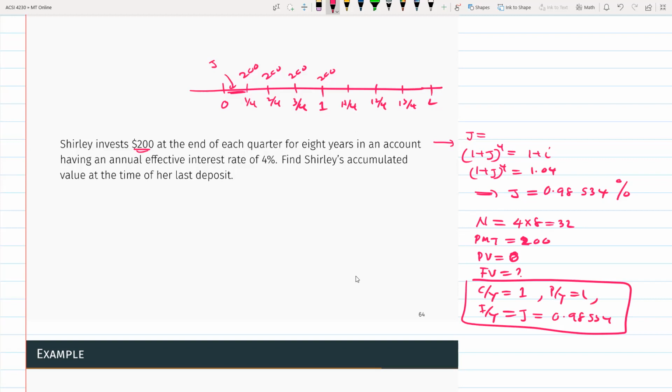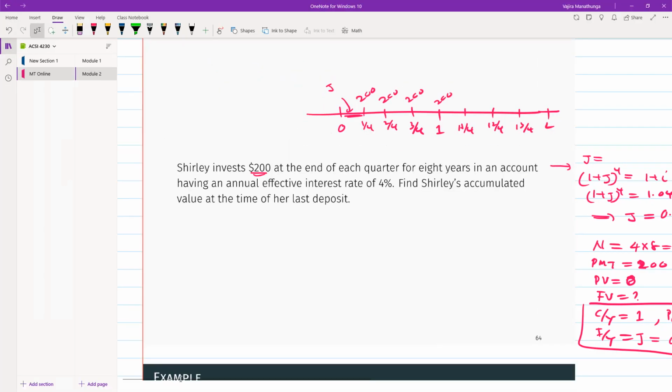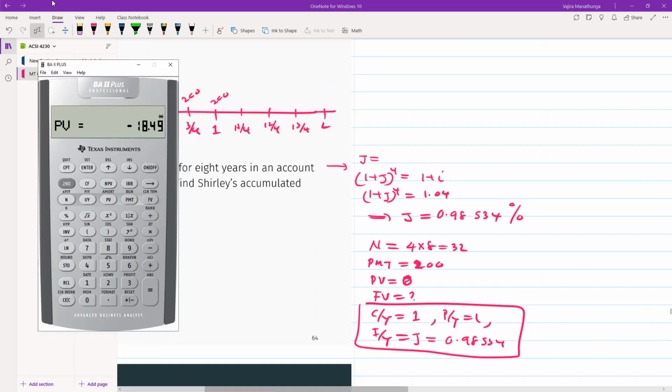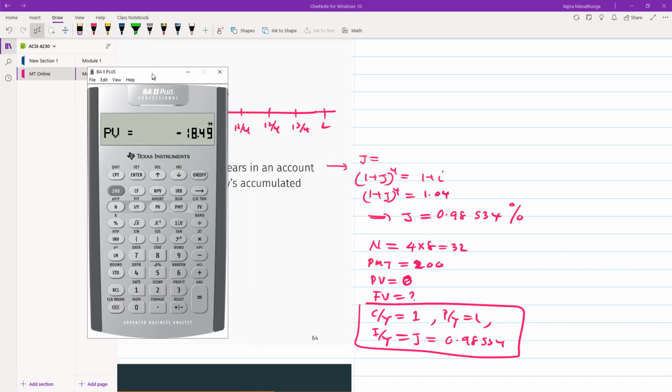So let's solve this. Let me use the calculator. So second, this one is at the end, no? I think it's annuity immediate, if I remember the problem. And second reset. Okay.